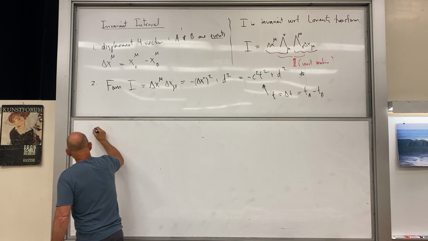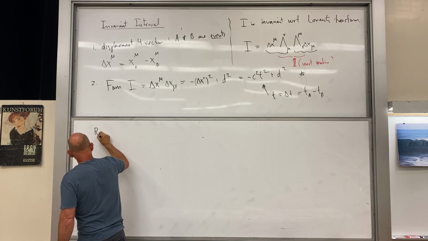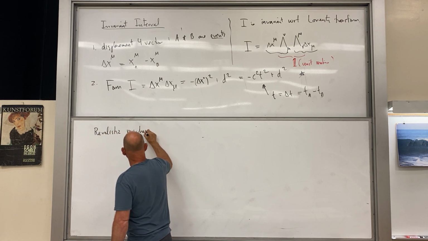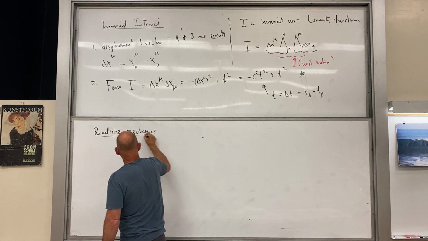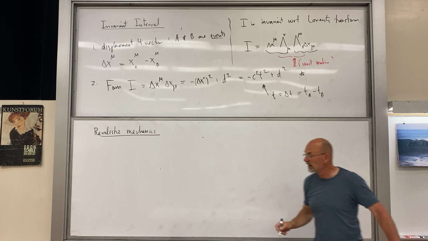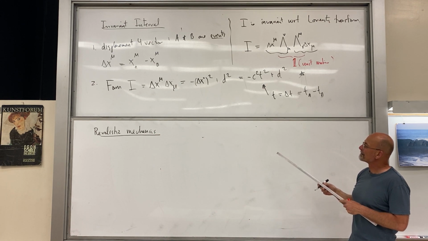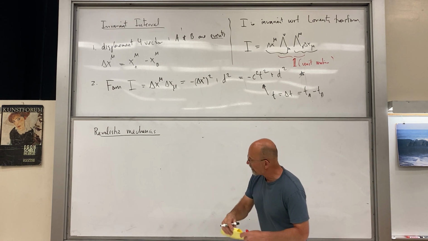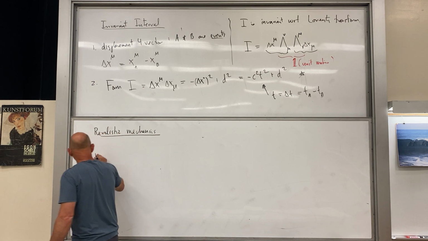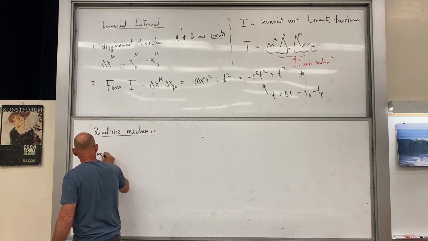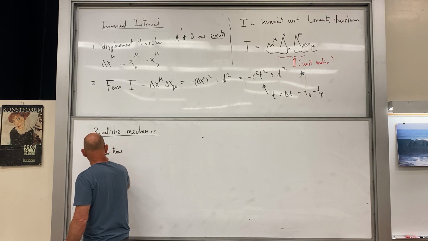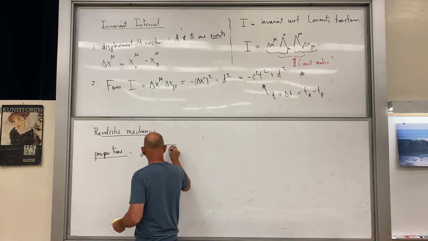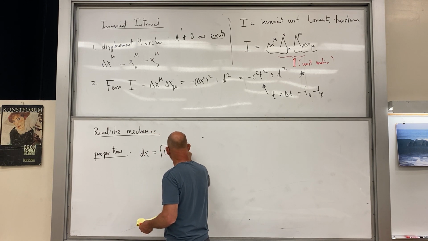To get to the relativistic mechanics, and actually we've been there already, we're going to construct some 4 vectors. First of all, we start with our proper time, where we started before. So the proper time: d tau equals root 1 minus u squared over c squared dt.